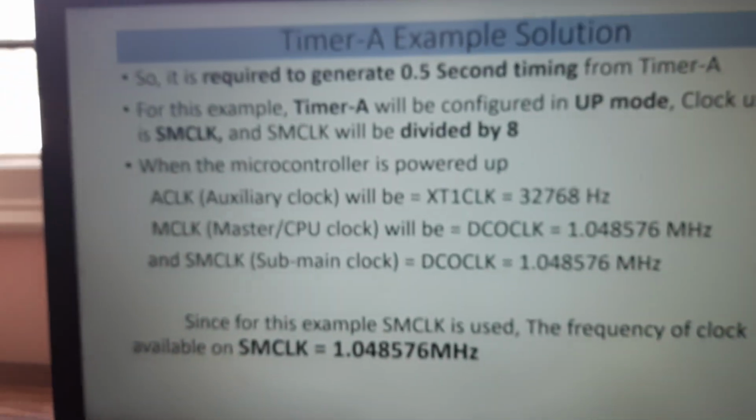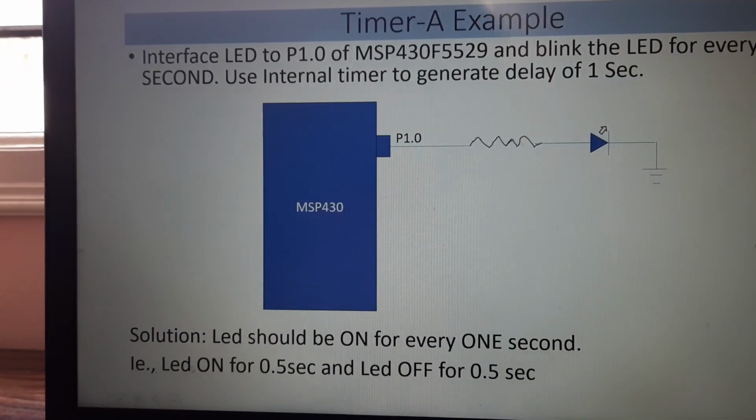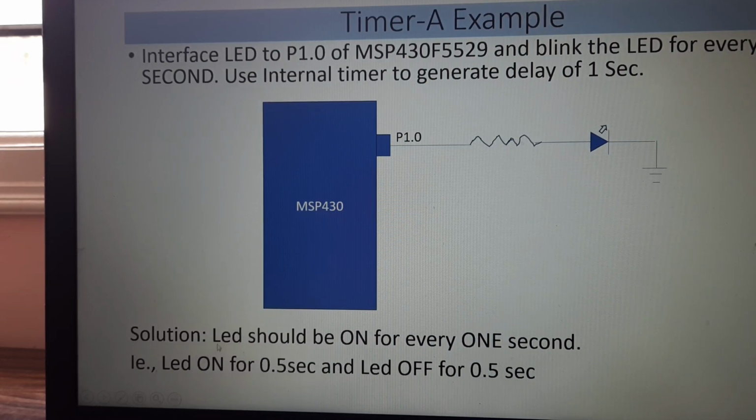I have connected the board through USB to the laptop. This is the interfacing. The solution is, LED is on for 0.5 second, LED is off for 0.5 second. That means this LED will blink every 1 second.